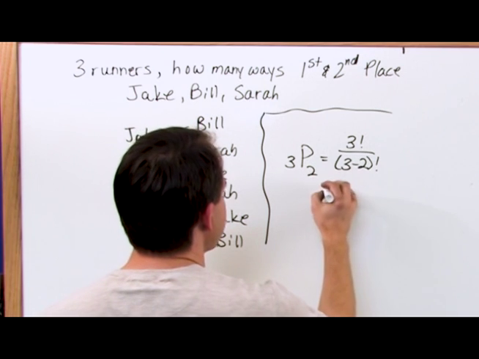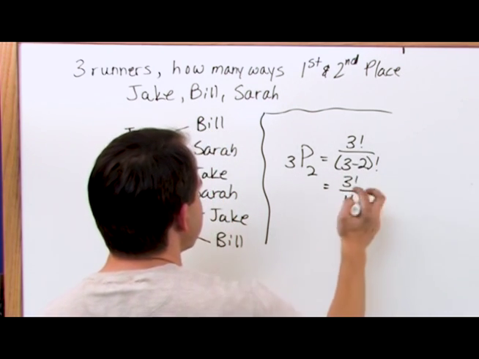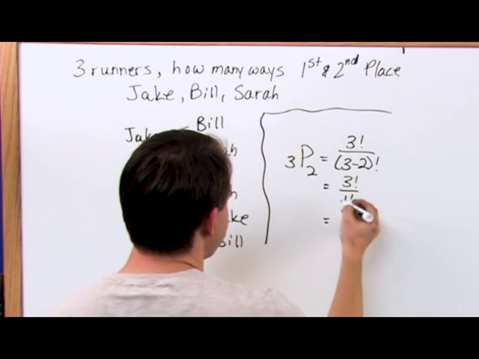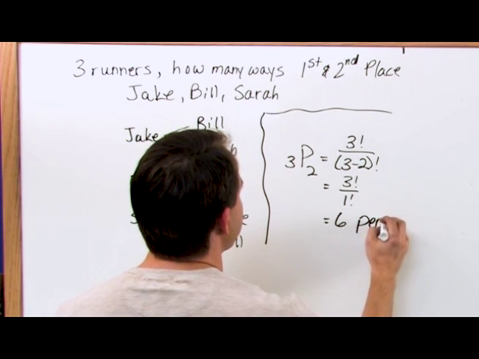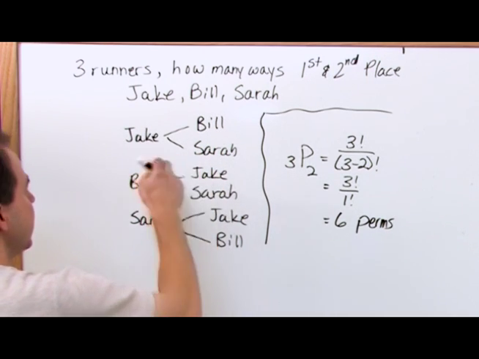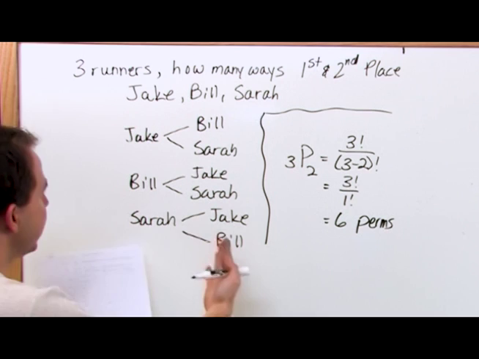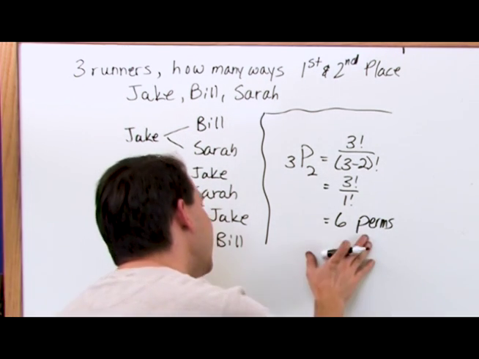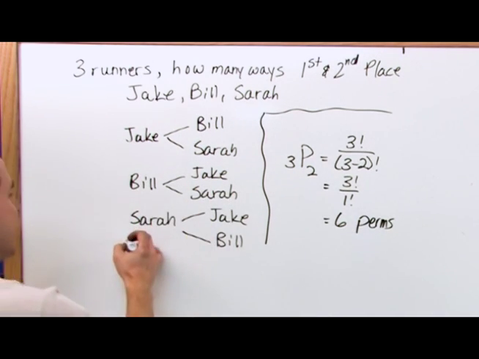When you do this, you'll get 3 factorial on the top, 1 factorial on the bottom, and 3 times 2 is just going to give you 6. So there's 6 permutations in that case. And this is exactly what you have: 1, 2, 3, 4, 5, 6. There's 6 different ways in which you can have first and second place. So for this entire example, the order mattered. First place, second place, the order mattered.